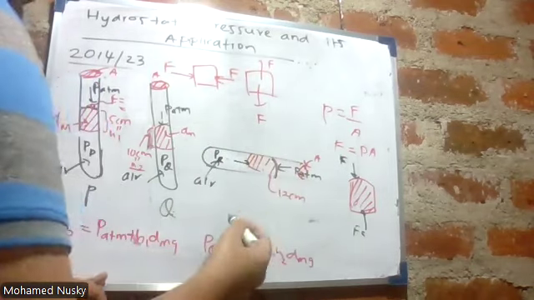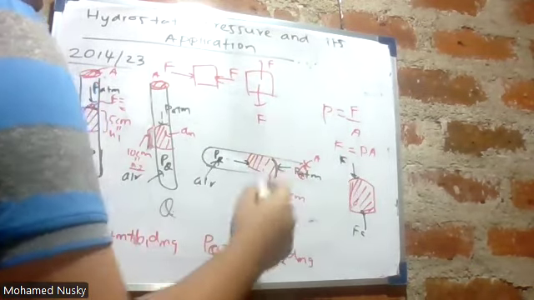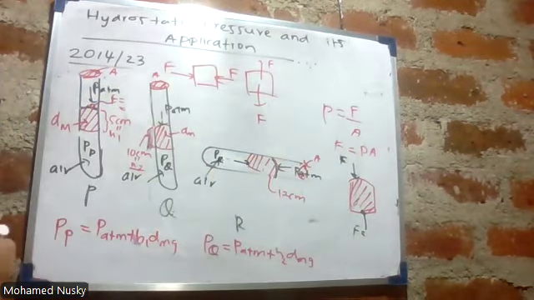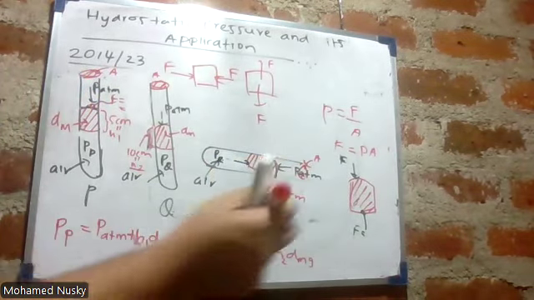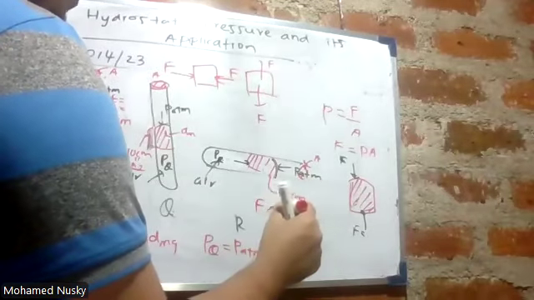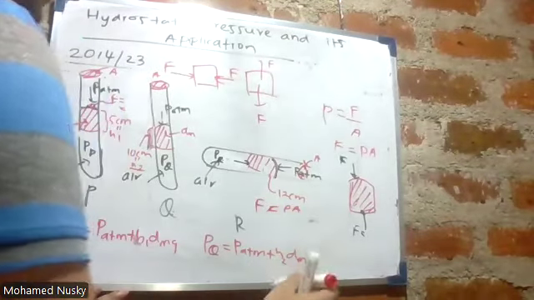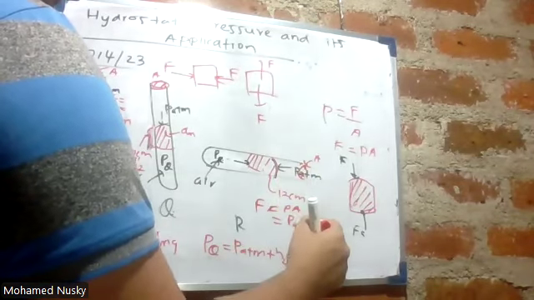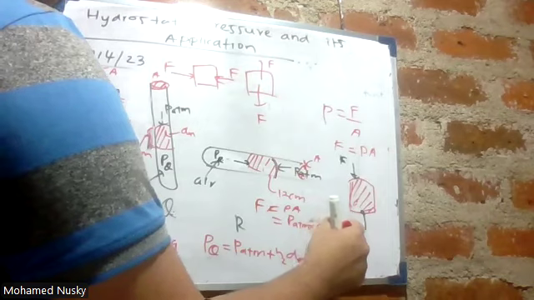Therefore there will be pressure P_R and pressure P_ATM. You know, force is equal to P into A. What will be the force due to atmospheric pressure? That is P_ATM into A.